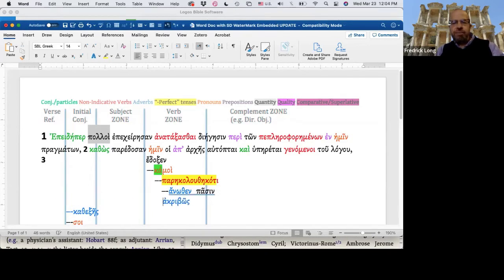Now, this participle, as we saw last time, is qualified itself by two adverbs, having followed all things. Now, this is the direct object of having followed. And so at this point, I'm going to put it in the position of a complement after the verb.